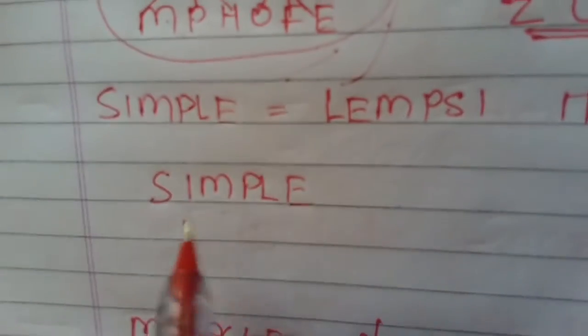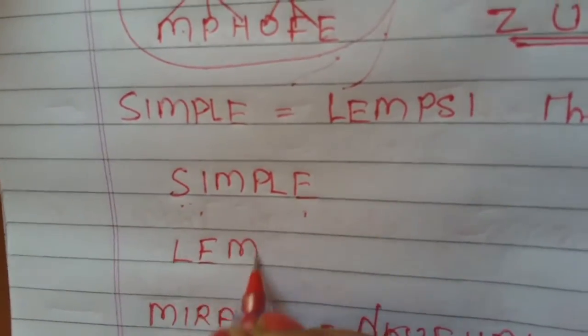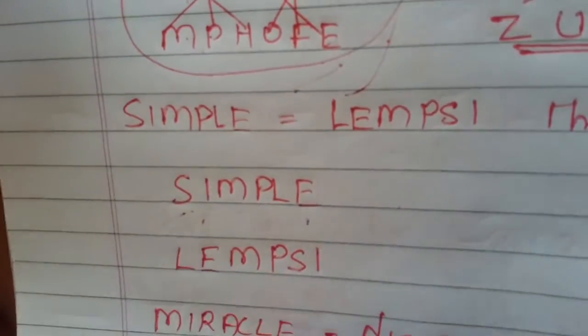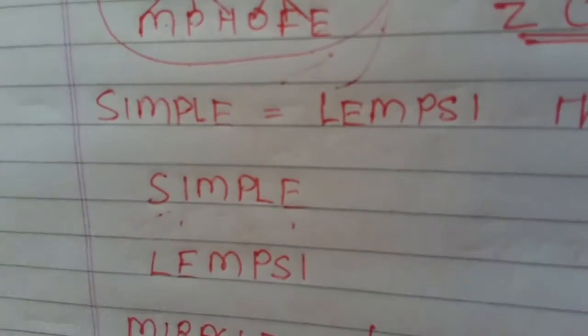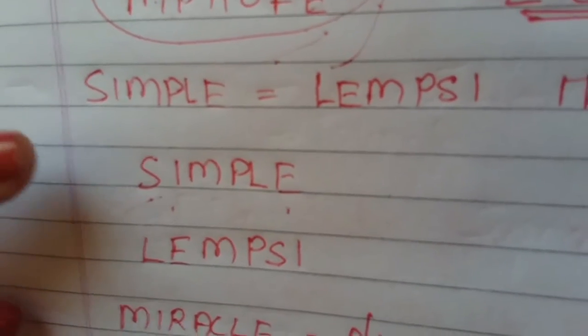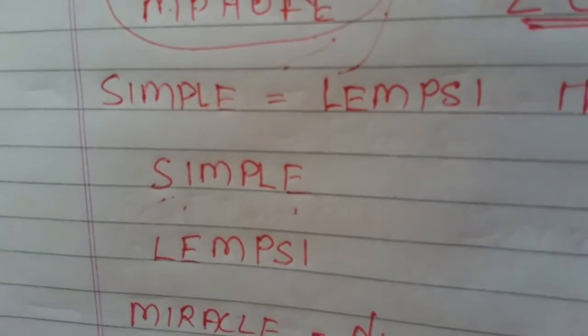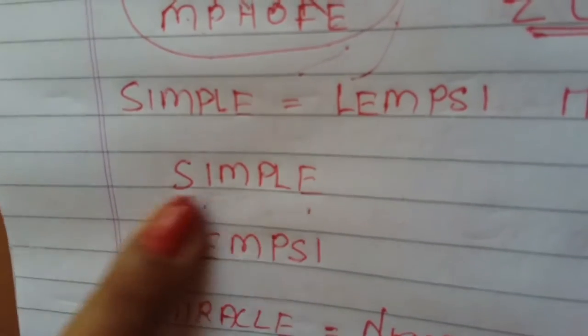SIMPLE. In some sense, SIMPLE is written like this, LEMPSI. You can see nothing similar to ABCD or any opposite letters. If you see how it is written, in the same sense we have to write JUNGLE.